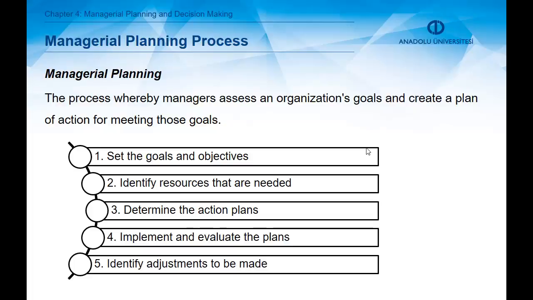The first one is setting the goals and objectives, which will differ from one type of organization to another. The second stage is identifying resources that are necessary for fulfilling these goals and objectives.